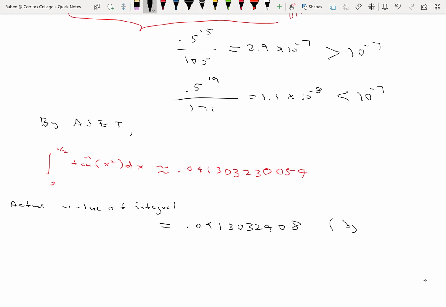How is that by calculator? My calculator is programmed to give exact values of the integral to as many decimal places as show up. How much agreement does our estimate have with this?